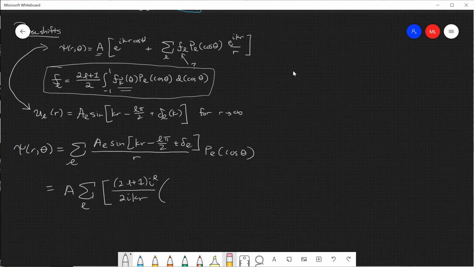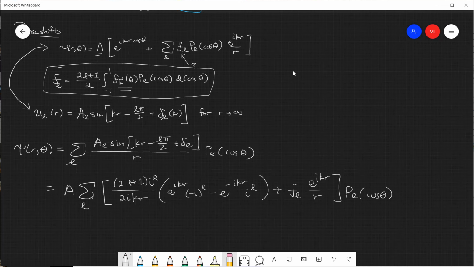And then we have the e to the i kr, minus i raised to the L, minus e to the minus i kr, i to the L. And then we have the part that comes from the scattered portion, which again are these f_L's, and it's the spherical wave going out, e to the i kr over r, and all of this is multiplied by P_L of cosine theta.